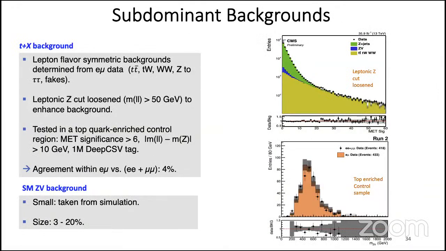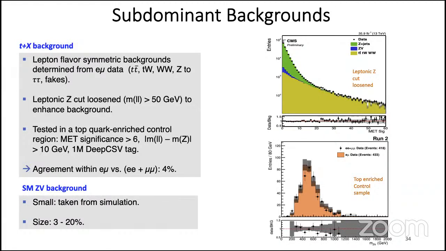The other subdominant backgrounds are estimated from data. Here we are considering the lepton flavor symmetric backgrounds, which are determined from data, considering TT bar, tW, WW, Z to tau tau, and fakes.